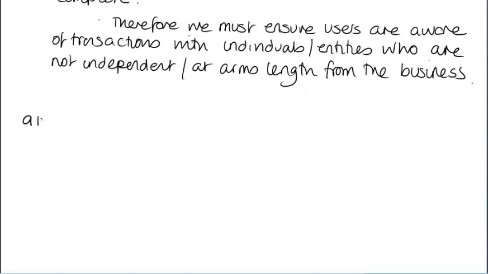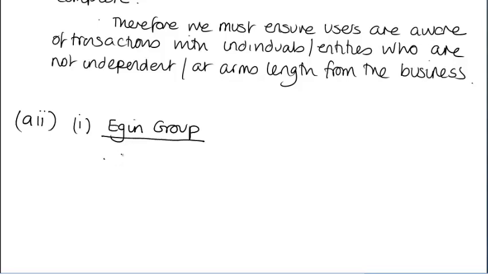So we therefore move on to part A2. It says describe the nature of any related party relationships and transactions which exist within the Egin Group, including Tang. So let's take a look at the Egin Group.